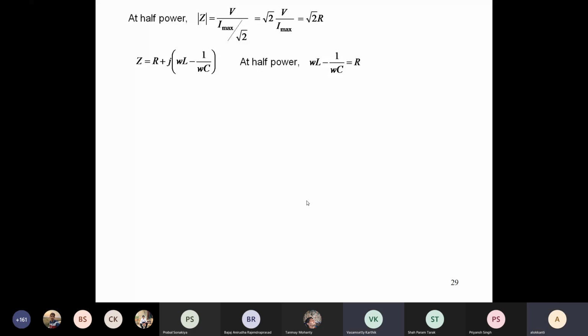Give me omega 2 and omega 1 in terms of the resonant frequency omega r and the quality factor. I will give you 1 or 2 minutes to do this.